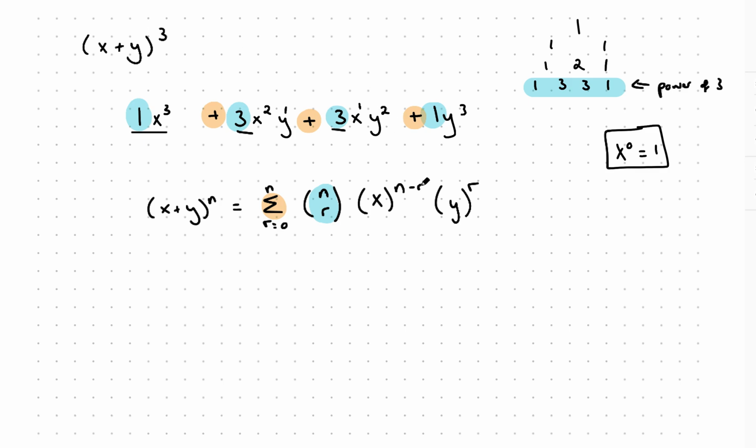So 3 take away 0 is 3. So that's why it's x cubed. Then the y is to the power of R, which in that case is 0. But y to the 0 is going to be 1. So this formula, in the log tables, describes exactly what you need to do to get this out.